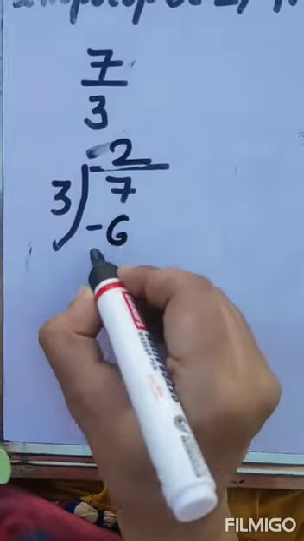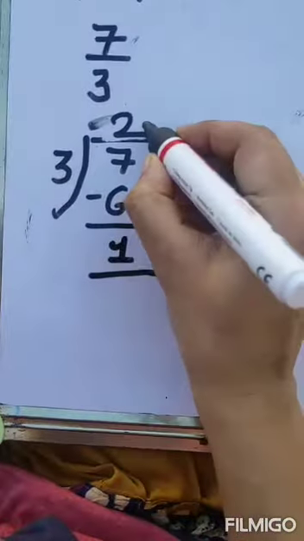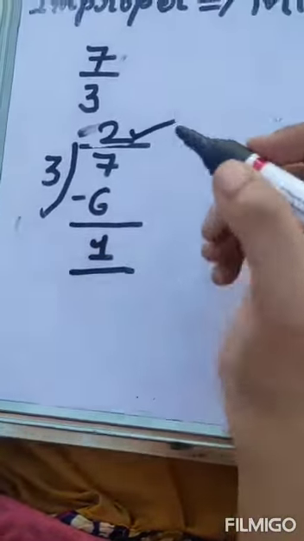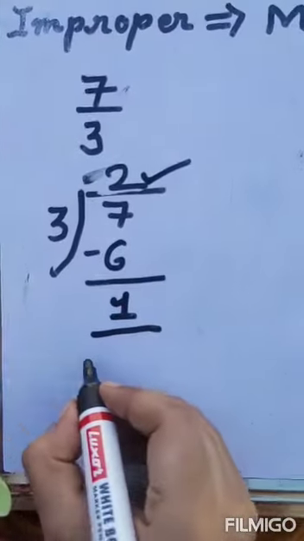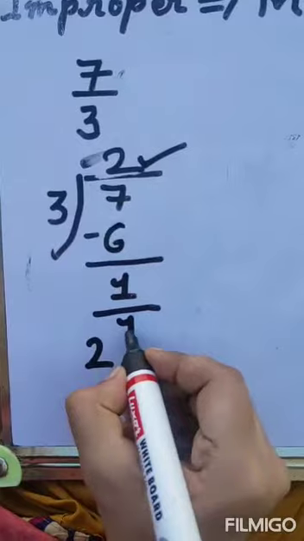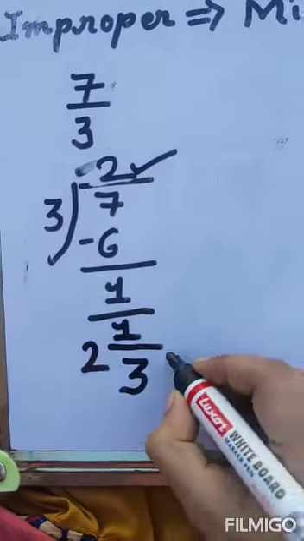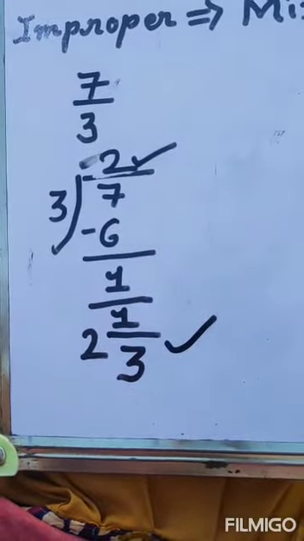And 7 minus 6 is 1. What is our answer, or quotient? This is 2, so we will be writing 2 here. What is the remainder? 1. And what is the divisor? 3. So our answer is 2 whole 1 by 3.